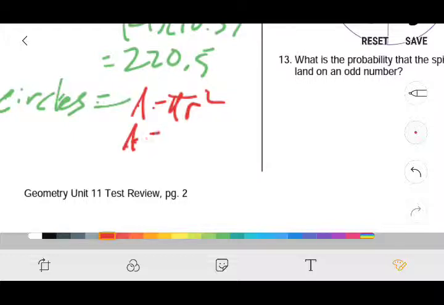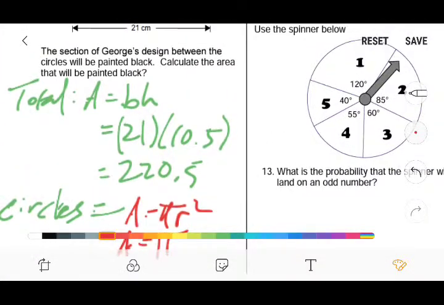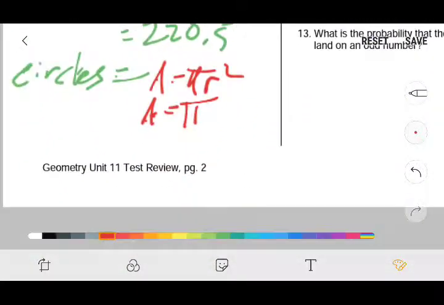So you have A equals pi times 5.25 squared. It's 86.59.